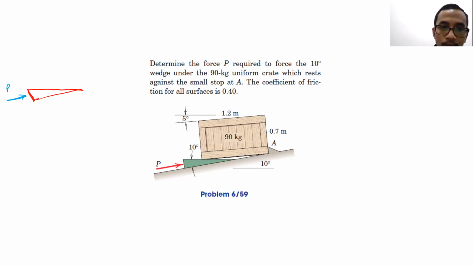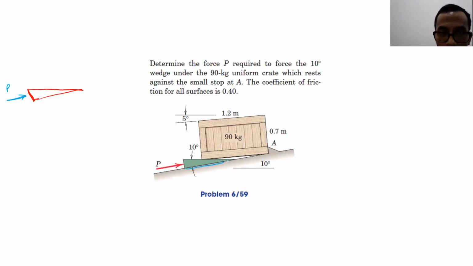We have two surfaces, right? Adam, the first one is supposed to be the bottom wedge, and the second one is supposed to be the top wedge. Okay, at the bottom wedge, what is the direction of the normal force?